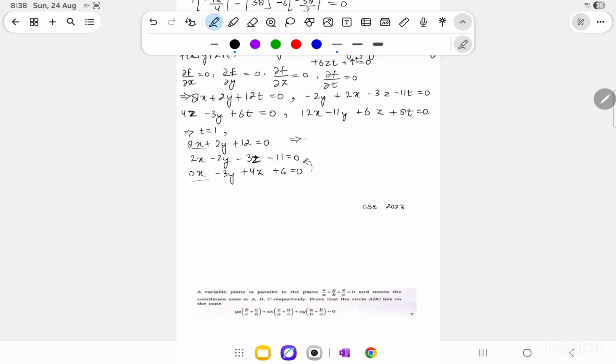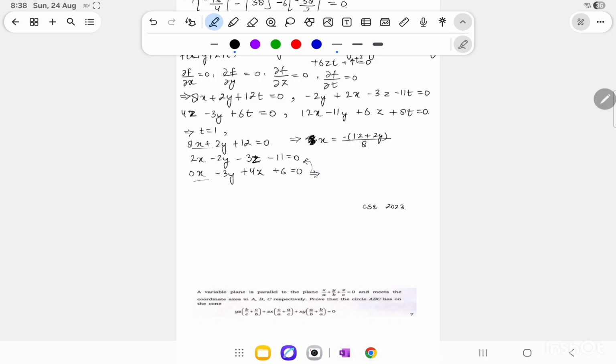Since y is common in both, let's reduce it to an equation of y. So I got my 8x as −12 − 2y, and my x as (−12 − 2y)/8.